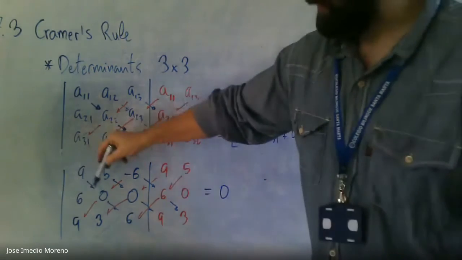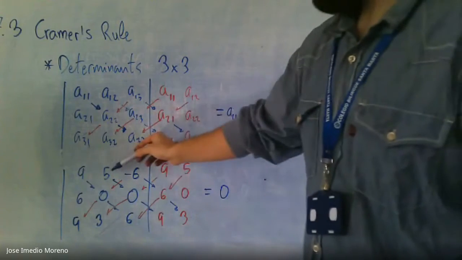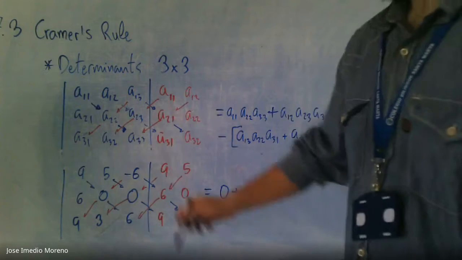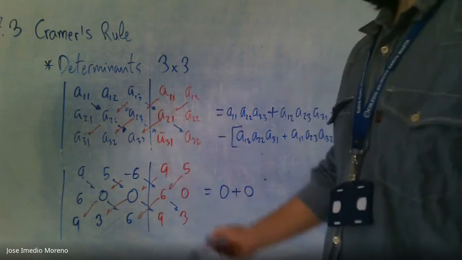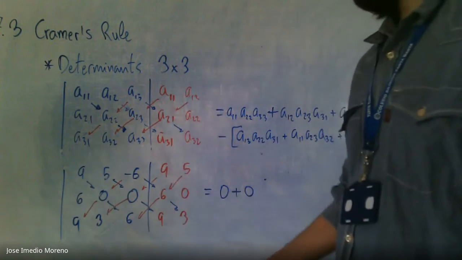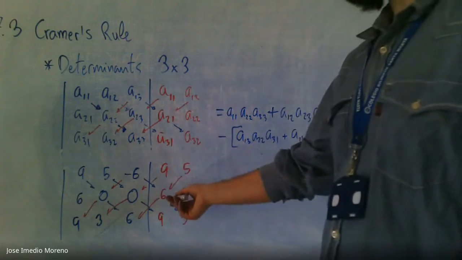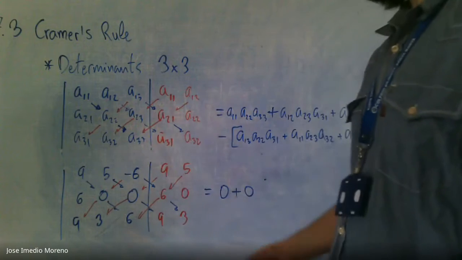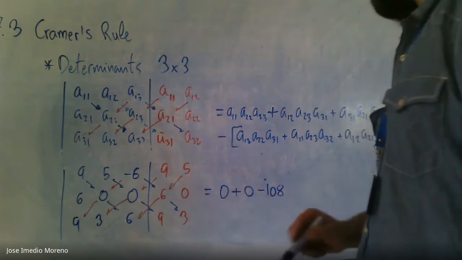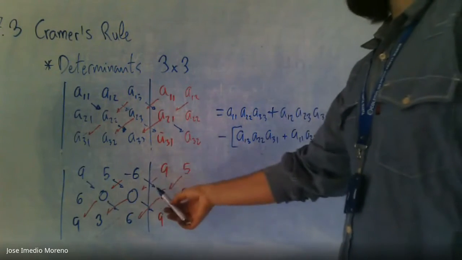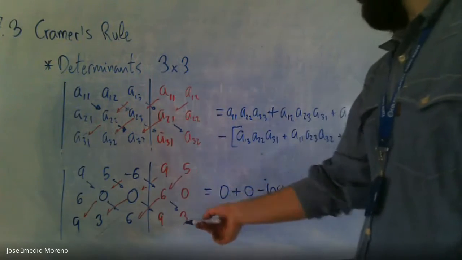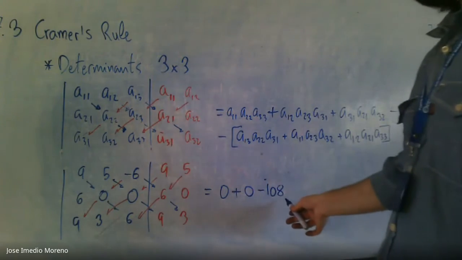The first main diagonal is 0. 5 times 0 times 9 is 0, the second main diagonal. Minus 6 times 6 times 3 is not 0. 6 times 6 is 36, times 3, minus 108.